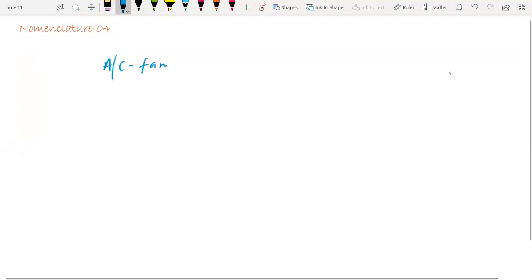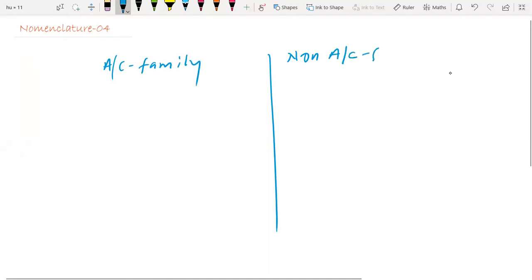Hello everyone. Today we'll see two types of organic compounds: those which belong to the AC family and the non-AC family. Under this AC family, I'll write some functional groups, like carboxyl group.